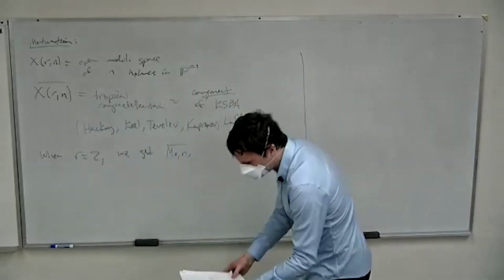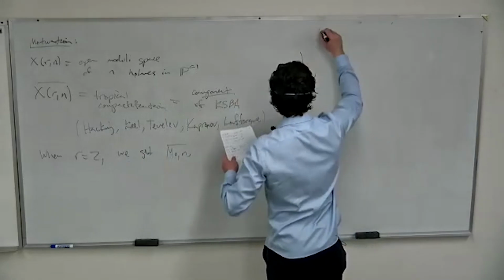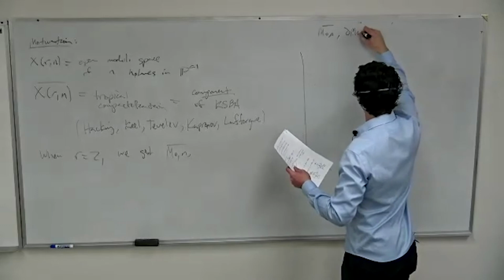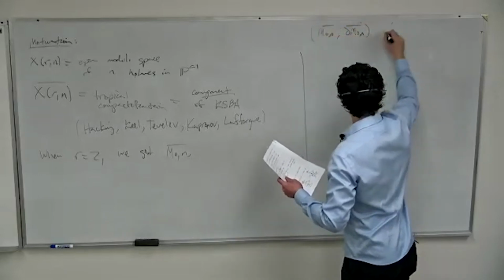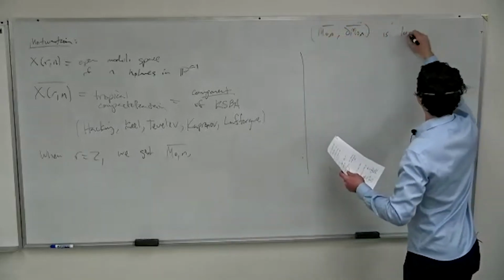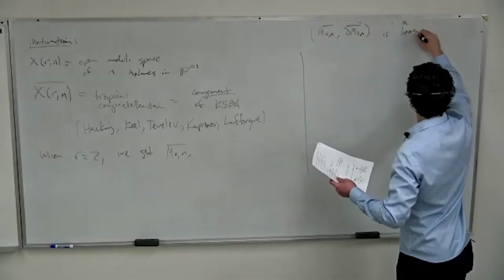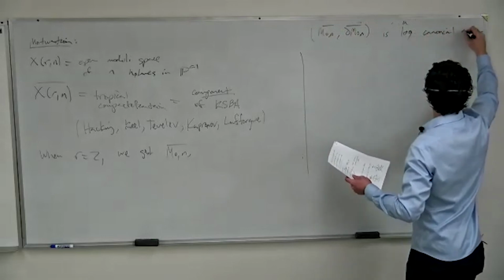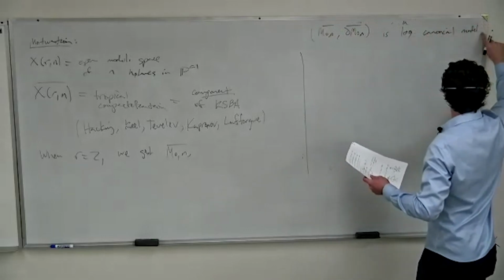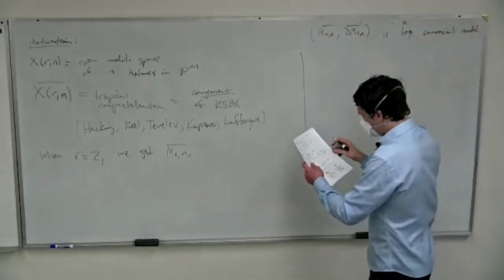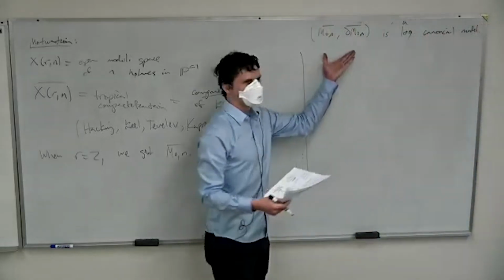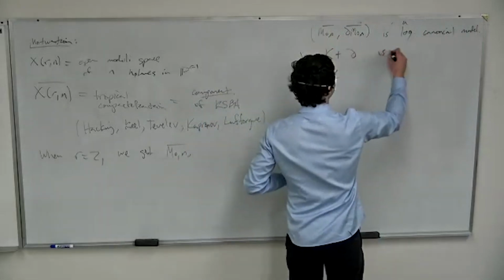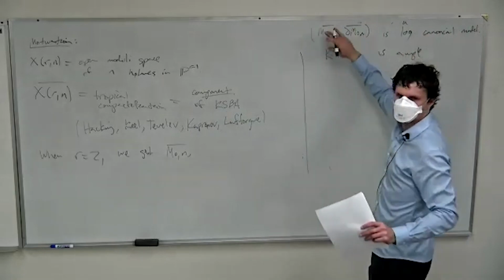So why is that? Like I just said, if I take M0n bar with its boundary, this is a log canonical model. So in particular, that says that K plus the boundary is ample, and the singularities aren't too bad.